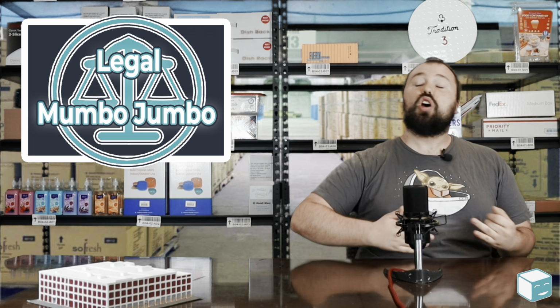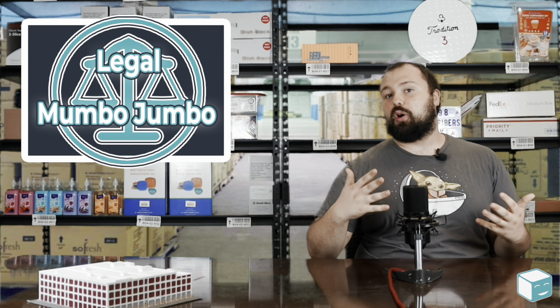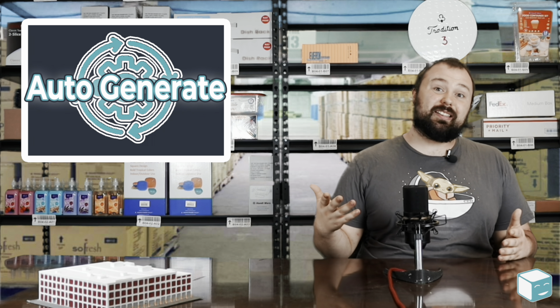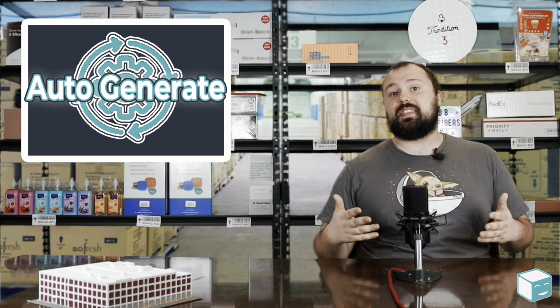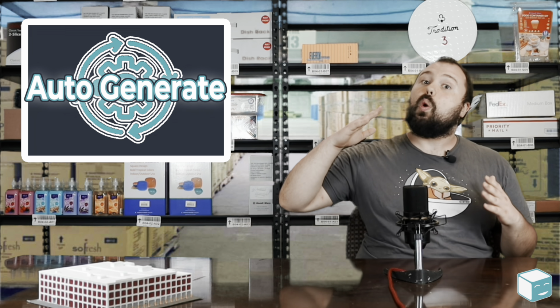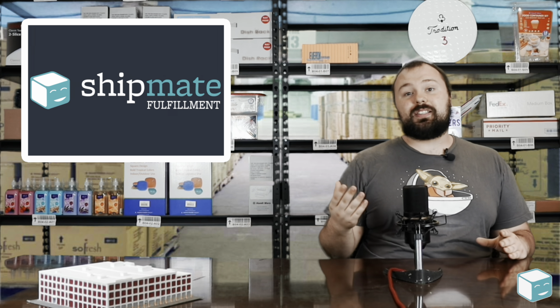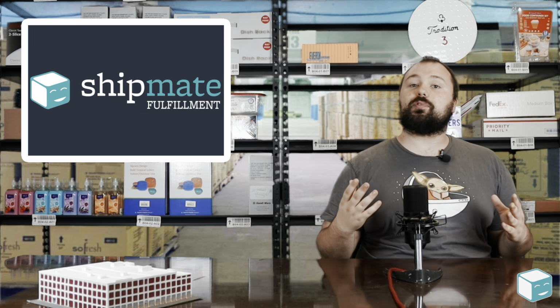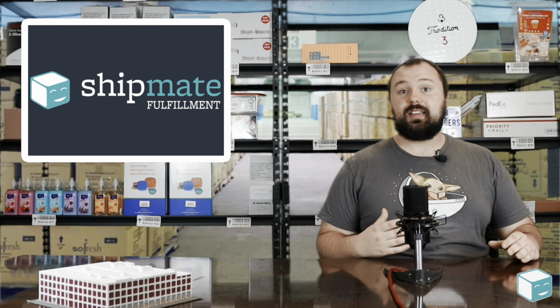Like if there's a dispute, all kinds of legal mumbo jumbo. Luckily, once again, there's another auto-generate button here, but you want to make sure, like I said, that everything that's there is how you want it to be, because this is the legal mumbo jumbo of your site, and you want to make sure that it represents you and your brand.